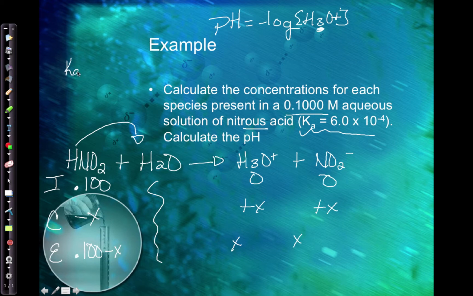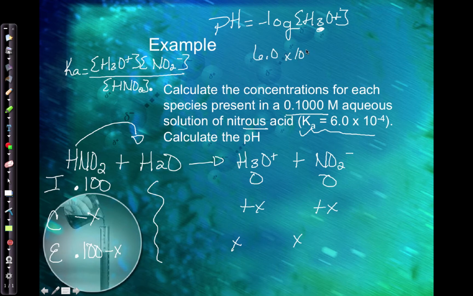So my Ka is equal to the concentration of hydronium times the concentration of my conjugate base, divided by the concentration of the acid. So basically I can just plug everything into this Ka expression. Ka is equal to this, and my concentration of hydronium is X, and nitrite is X, divided by 0.1 minus X.